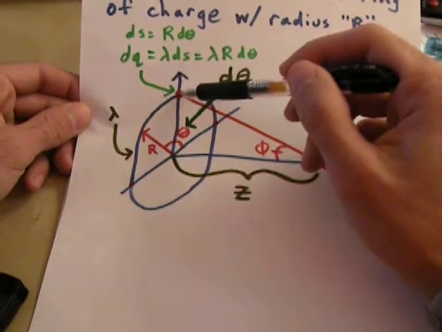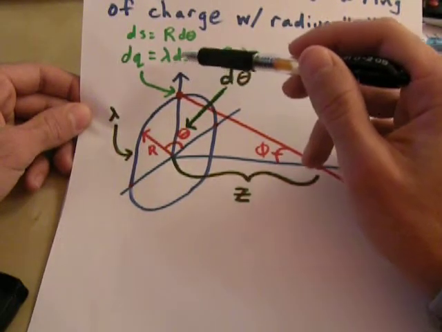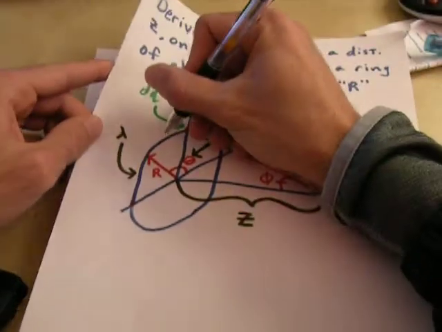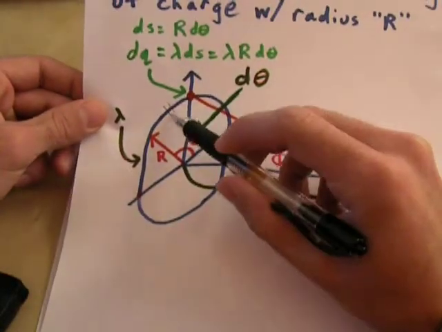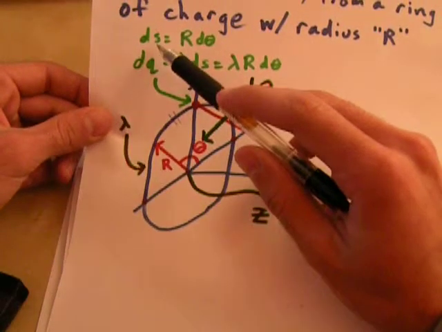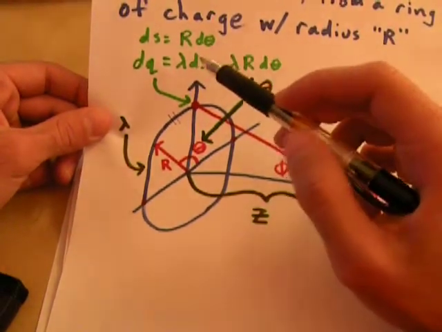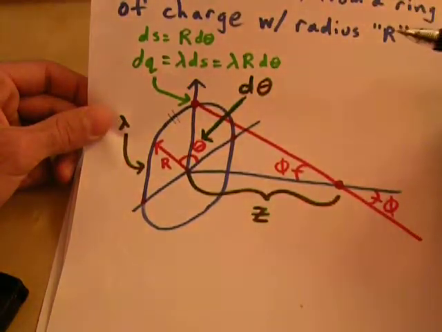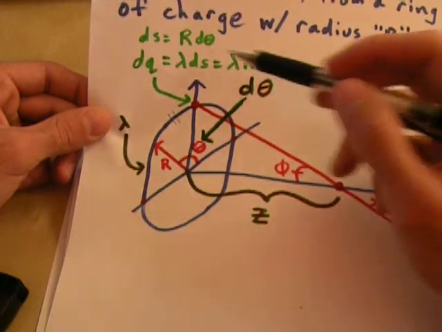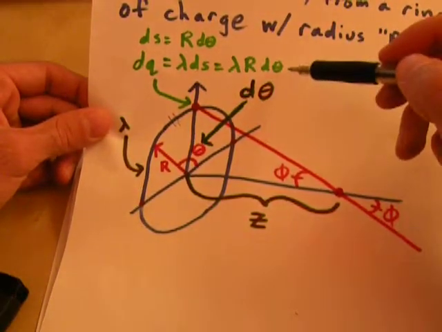The dq, which is going to be our point here, is equal to lambda ds, which is a specific amount of charge on a small section of it, as I drew there. ds is equal to r d theta, like an arc is equal to r d theta. And we can just substitute this ds in: dq equals lambda r d theta.